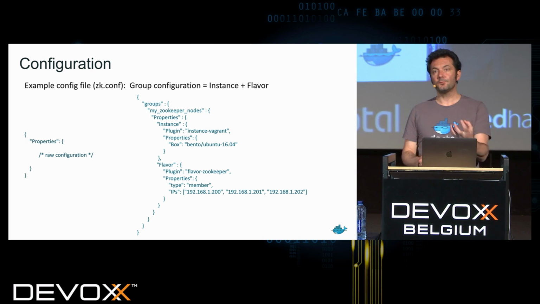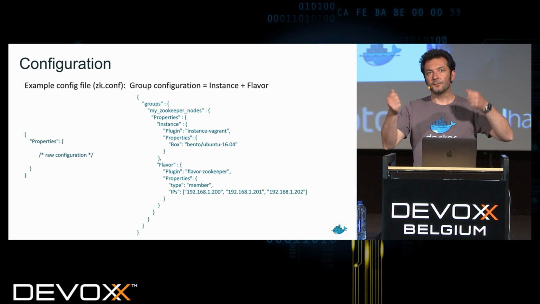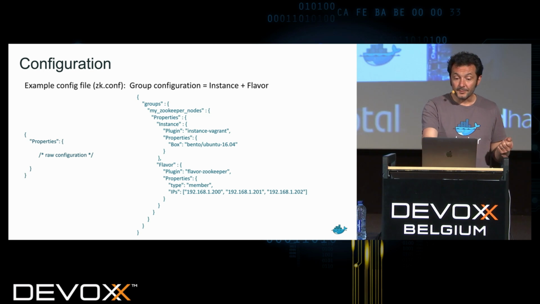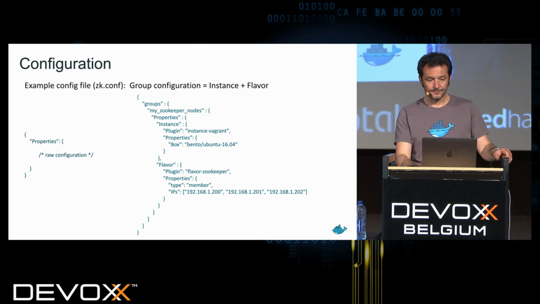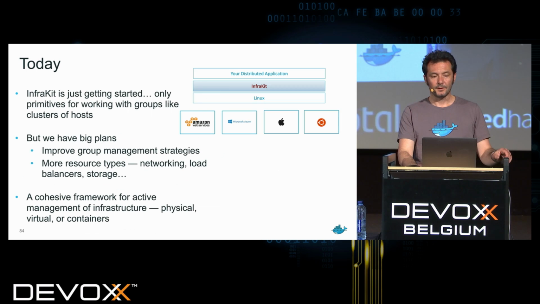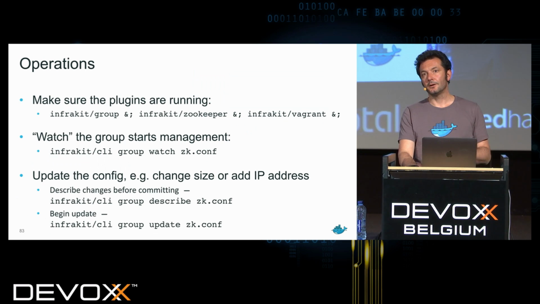And then the Zookeeper flavor is a piece of Go that is going to configure the Zookeeper configuration files with information from this and information coming from the instance plugins. And so that's how to run the example in the GitHub repo for setting up a Vagrant cluster of Zookeeper instances locally on your machine.